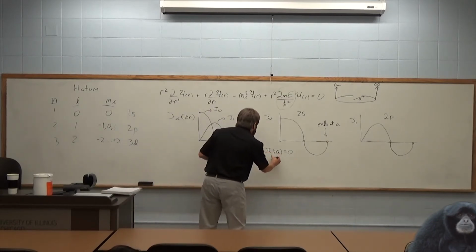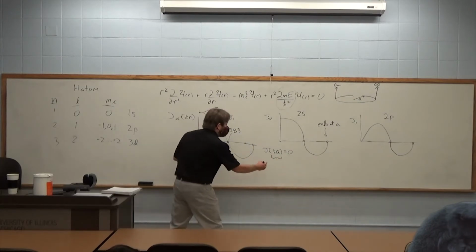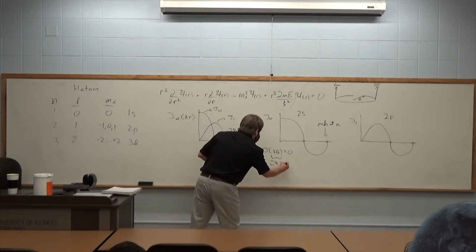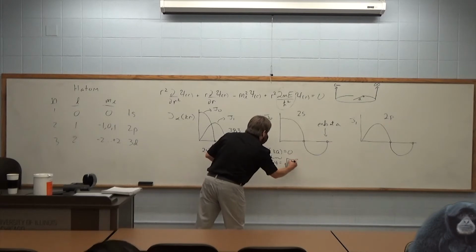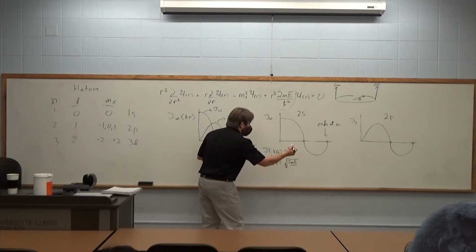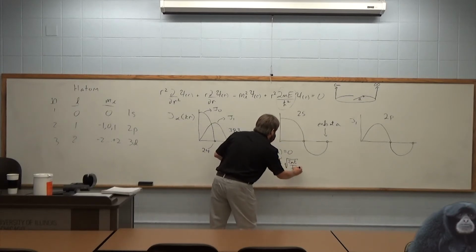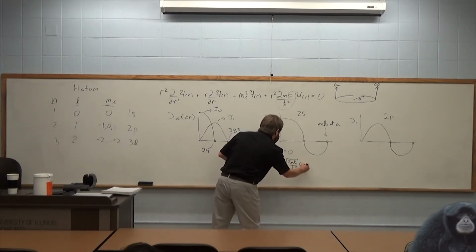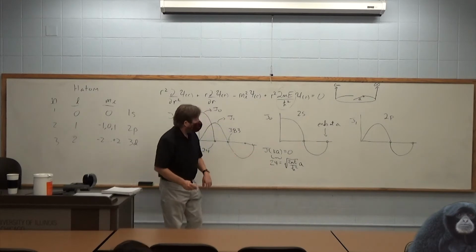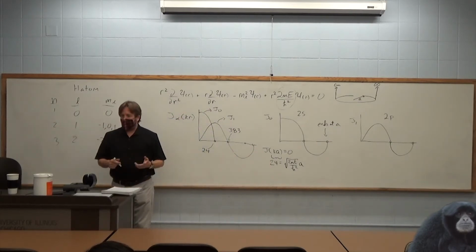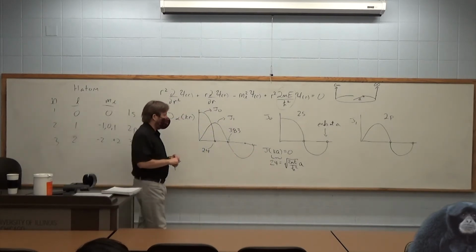Now that means that this thing has to be 2.4 equals Ka, where K as always is the square root of 2mE. There's no potential energy because you don't allow it to have a potential energy because it's infinite. There you go. And so now you solve for energy.